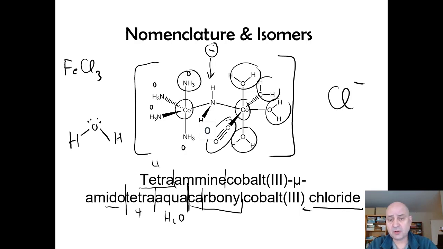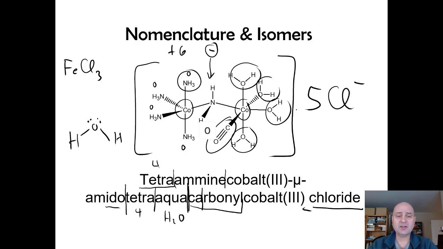You can use the method of disconnection to figure that out, but this is just an aqua water ligand, and so it's neutral. So the only thing that has a negative charge is the amide here, and there's just 1, and if the cobalts are +6, we need 5 chloride counter ions. So that's also something important that you might want to remember.